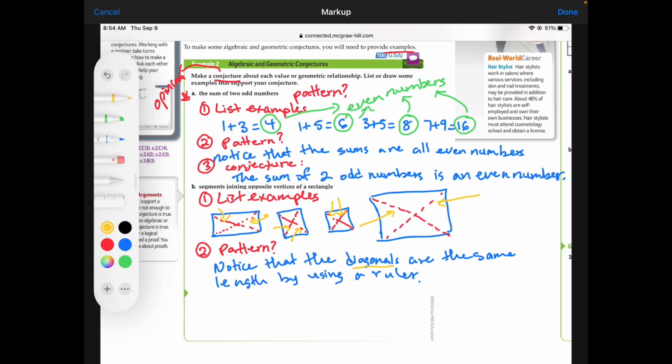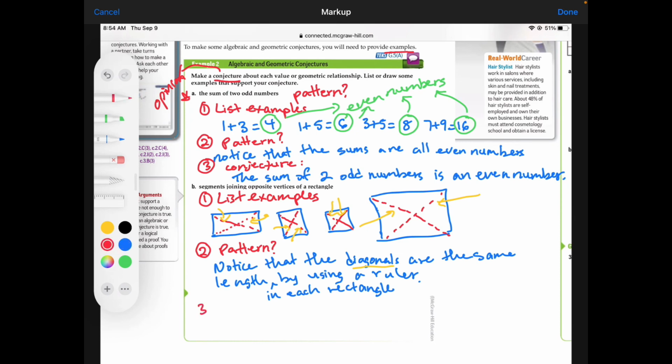They seem to be the same length by using a ruler, the same length in each rectangle. So the diagonals are the same length in each rectangle by using a ruler.